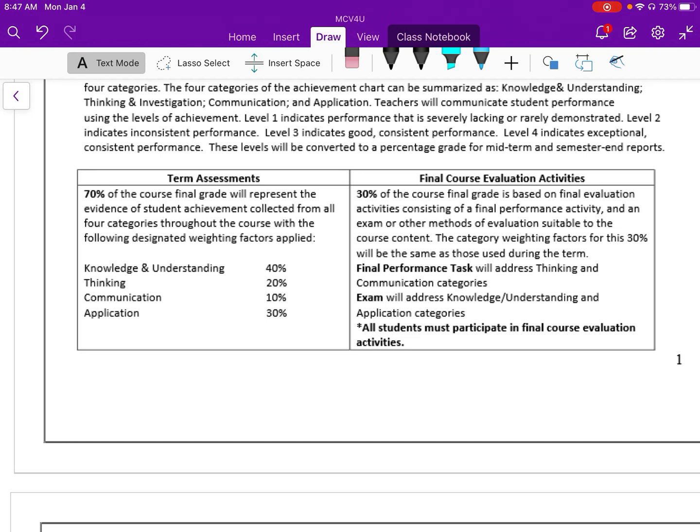I'll talk about that a little bit later when we get into the vector work itself. We'll discuss briefly what we're going to be doing as far as the makeup of the course itself and the final evaluation. There will be some evaluations that we do that will be counted towards your final 30%.